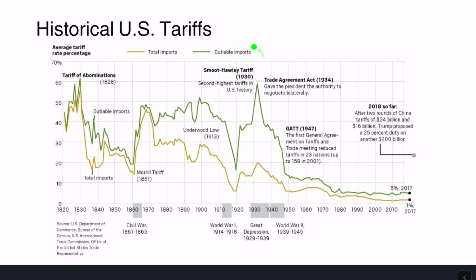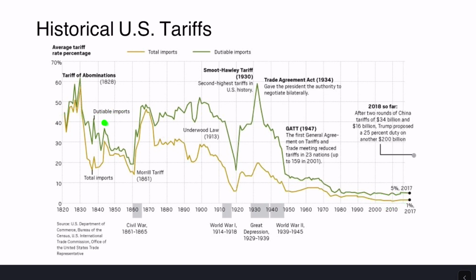The green line here is going to be the dutiable imports. So these are the imports that actually have tariffs on them. What's the average tariff? That's what this graph is measuring. The yellow line is total imports. So total imports, there's many imports that don't have tariffs on them, and so that line is lower. All right, so roughly in most of your lifetime, we're down here in 5%, 2% for total imports.